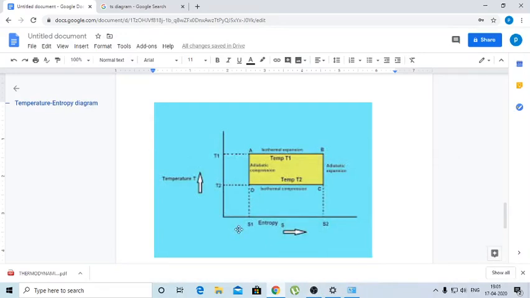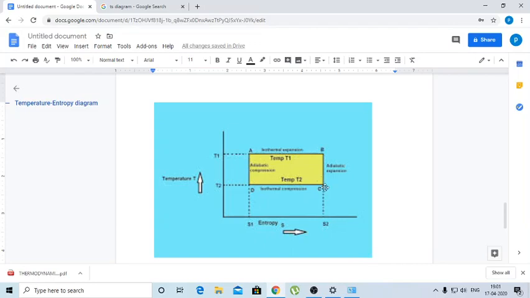So this is the graph drawn between temperature and entropy, the temperature versus entropy diagram. Entropy is plotted on the x-axis and temperature is plotted on the y-axis. A is the initial state of the system and A to B is the isothermal expansion, B to C is adiabatic expansion.